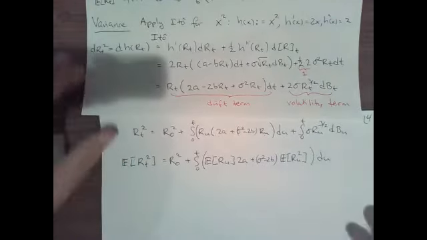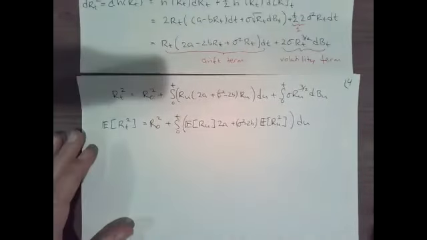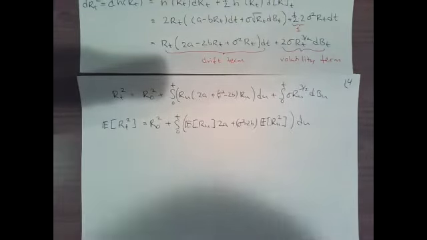What happens to that one when I take expectation? What is the expectation of the Brownian motion term?